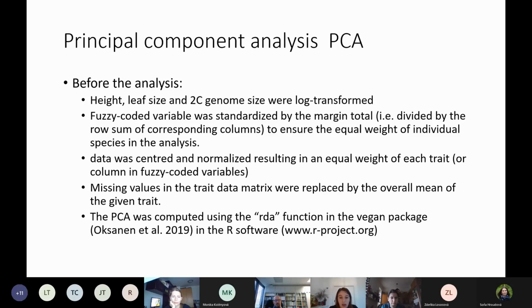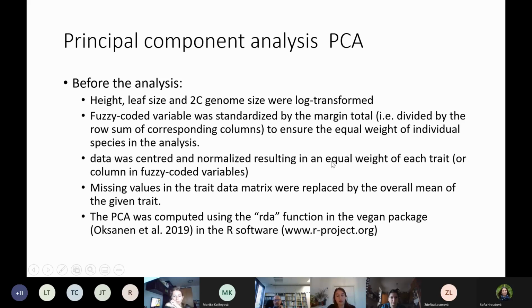For the fuzzy coded variables, we had to standardize by the total, so we wouldn't have different weights for different species because of that. And also for the binary, we had to centralize and normalize.